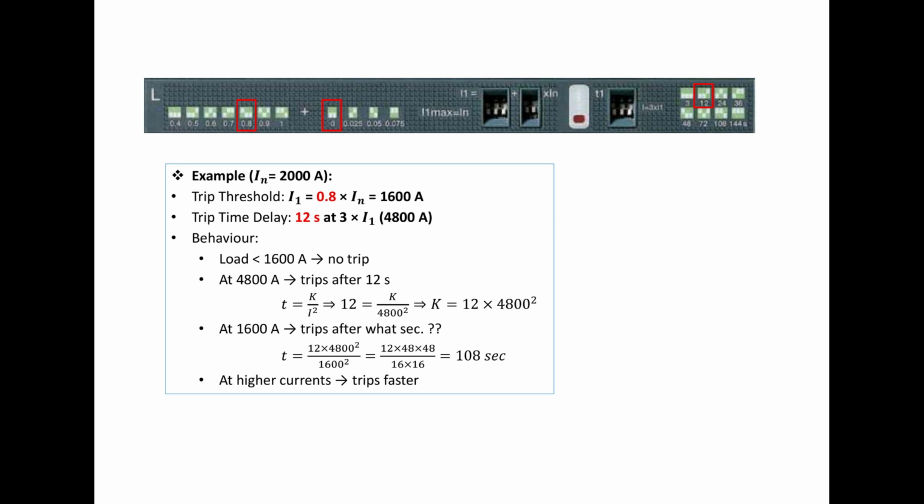This means any load less than 1600 ampere will not cause a trip. If the current reaches 4800 ampere, it will trip after 12 seconds. Following the inverse time formula, if the current is at 1600 ampere, the trip would occur after 108 seconds. At even higher currents, the trip time will be faster.